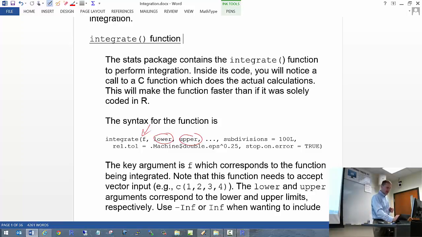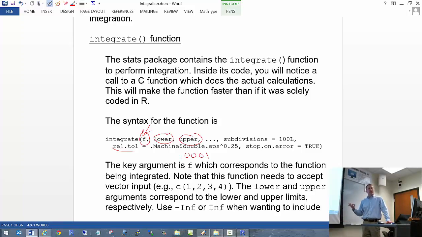In particular, for example, rel.tol. On most computers right now, this will be 0.0001, which controls the accuracy that you want your integral to be. Now, the function that you write to use with integrate has to be able to accept vector input. For example, if I were to integrate a beta distribution, I could use the dbeta function, and I know that with the first argument of dbeta, which is x, I can put in, let's say, 0.2, 0.3, 0.4, and the density is going to be evaluated at all 3 points.